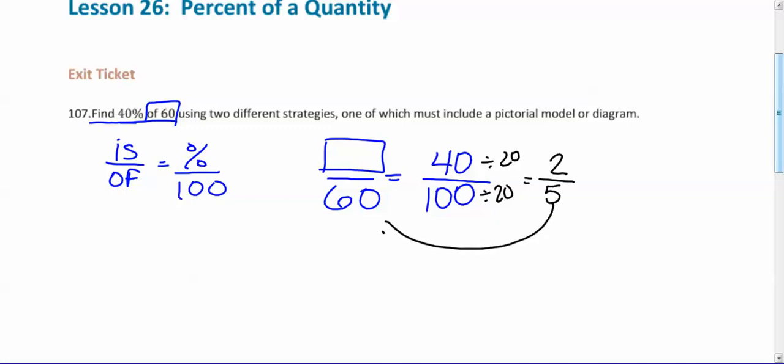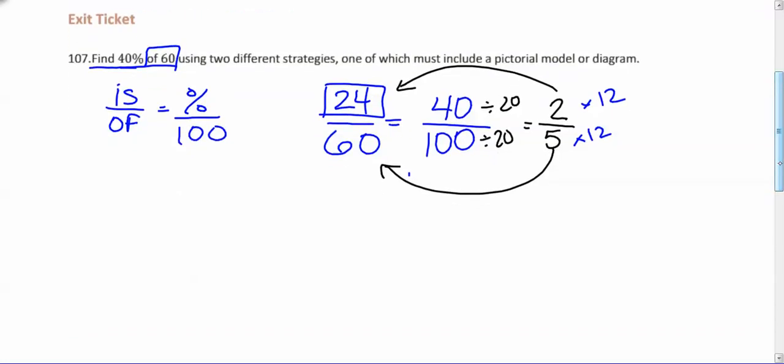Yep. So now we're looking for the connections here. To get from 5 to 60, what are we multiplying by? Riley? 12. 5 times 12 gives you 60, right? So 2 times 12 is what? 24 out of 60.